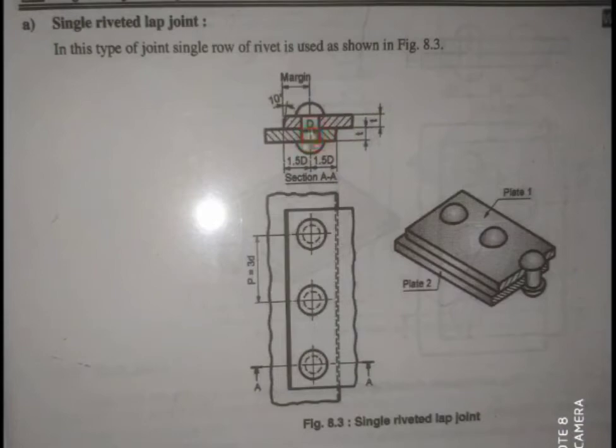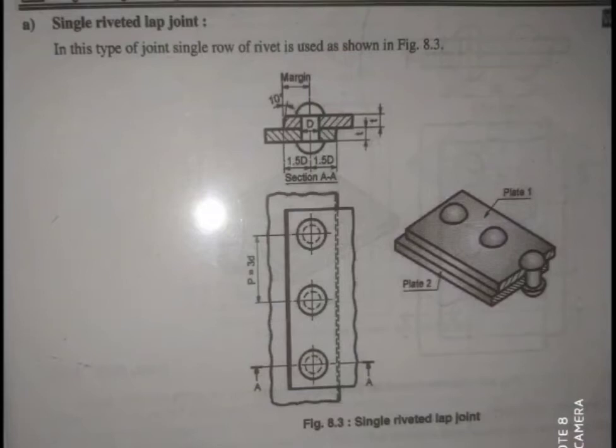Then the 3 rivets are placed, and with the help of the moving die they are pressed. Cold riveting is done so that the tail is converted into a head and the two plates are permanently fixed. It is called single riveted because only a single row of rivets is used in this type of joint.